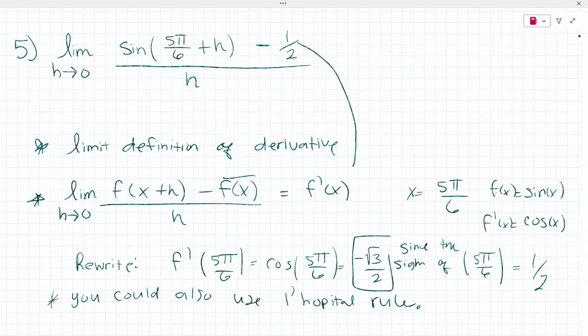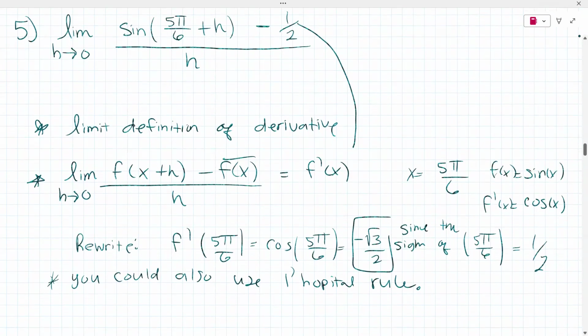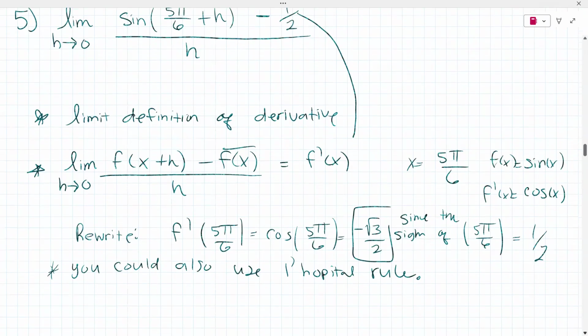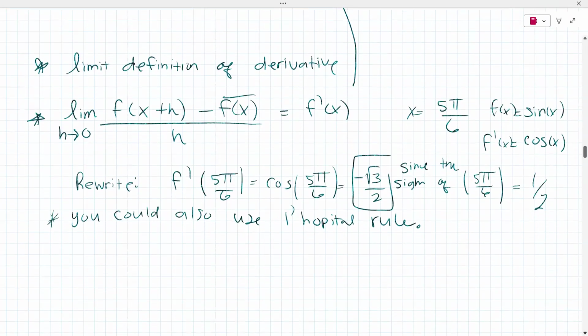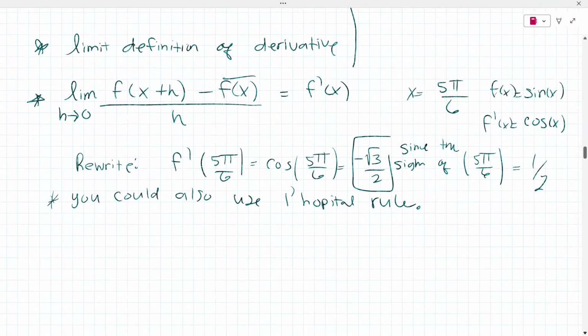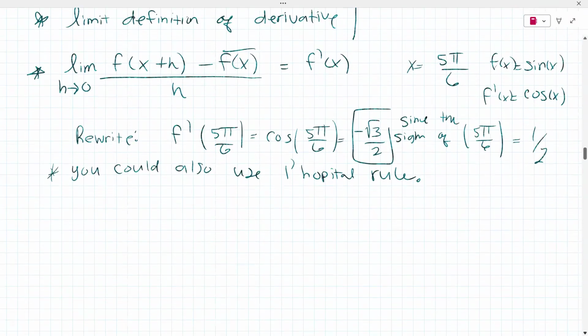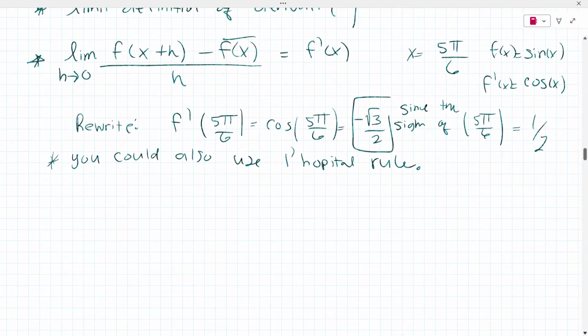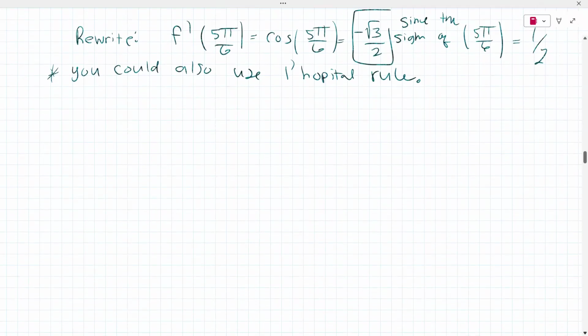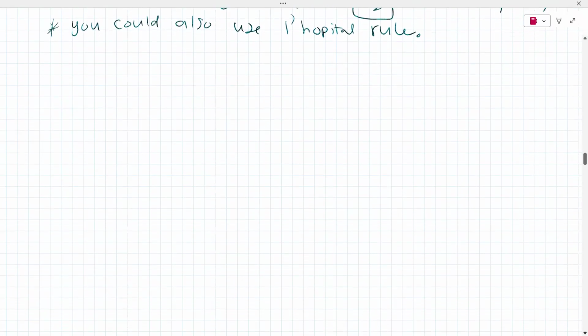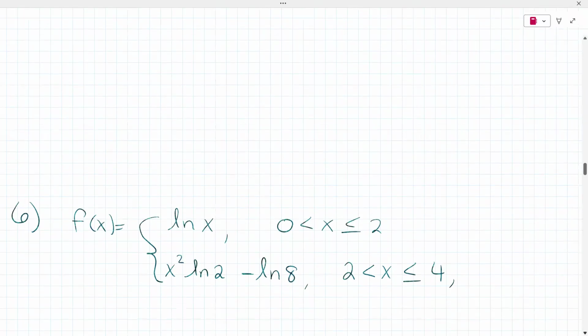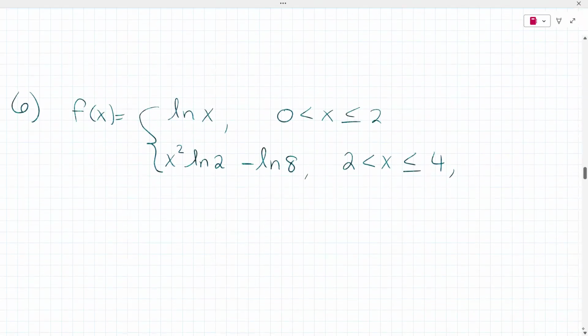Okay, let's move on to example 6. We have this kind of piecewise function.